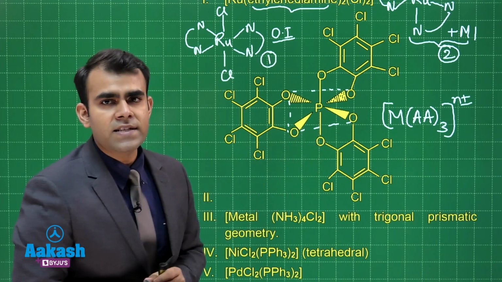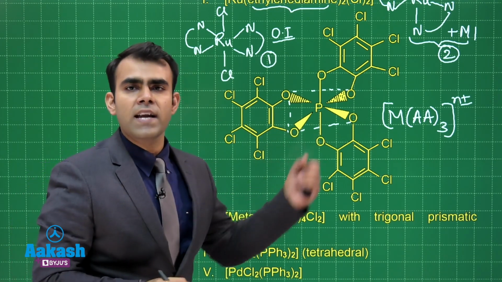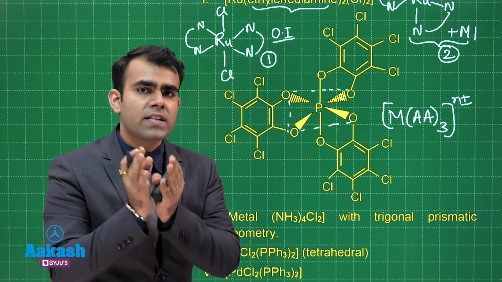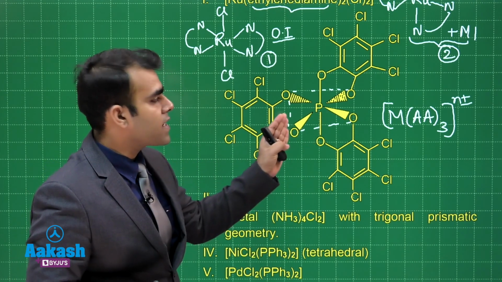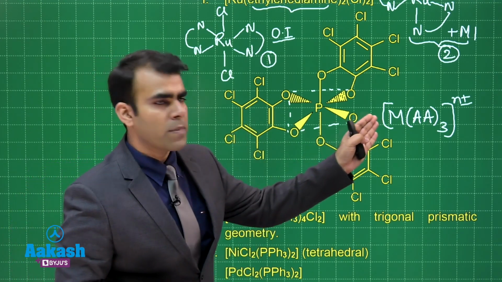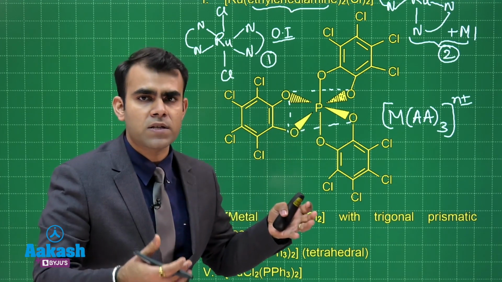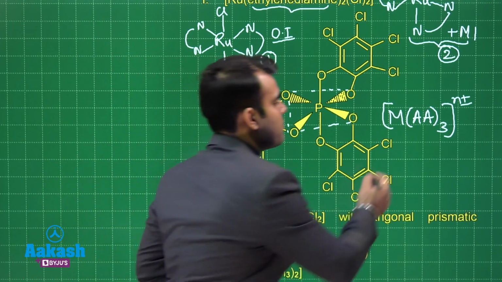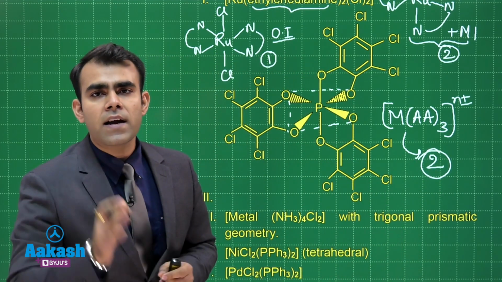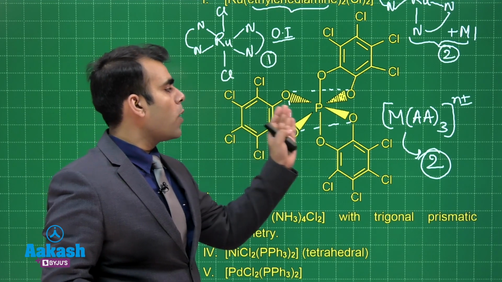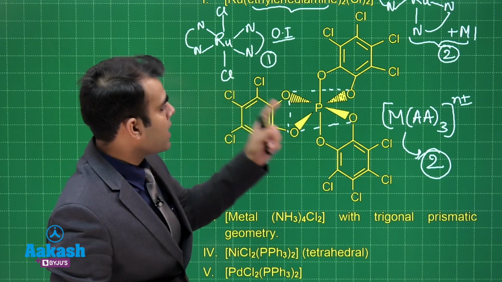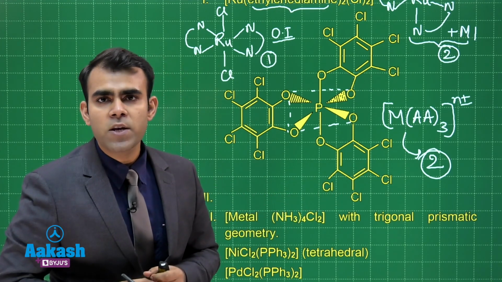For such complexes, for example Co(ox)3 3-, we know that these are basically optically active. This compound is optically active but geometrically inactive, it does not show geometrical isomerism, but because of the optical isomerism we get 2 isomers. One is this one and the other is its mirror image, because there is no plane of symmetry in this compound. So the first having 3, this one having 2 stereoisomers.